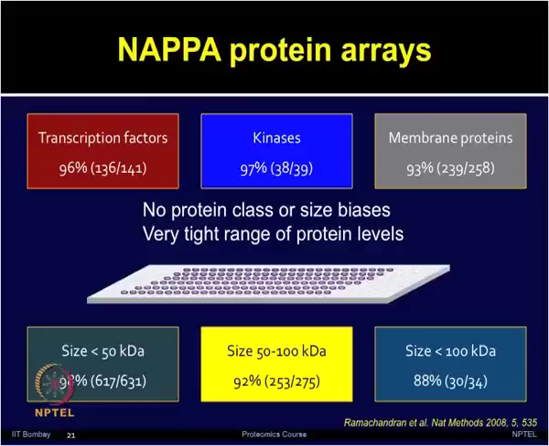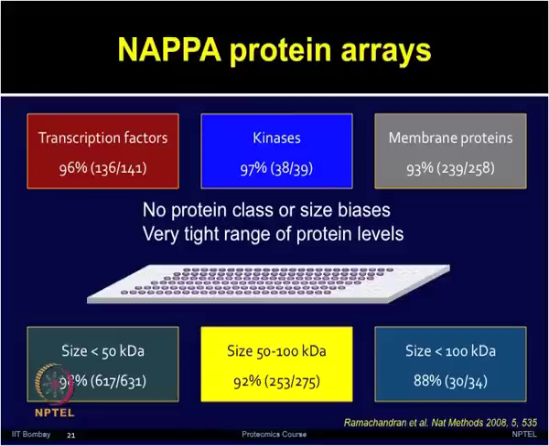For proteins less than 50 kilodalton, 631 proteins were tested, 617 were expressed, which shows 98% efficiency. Between 50 to 100 kilodalton, out of 275 proteins, 253 expressed well, showing 92% efficiency. Greater than 100 kilodalton, 30 out of 34 proteins expressed well, which shows 88% efficiency.